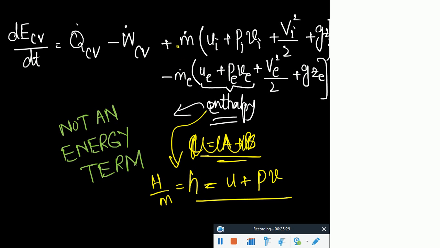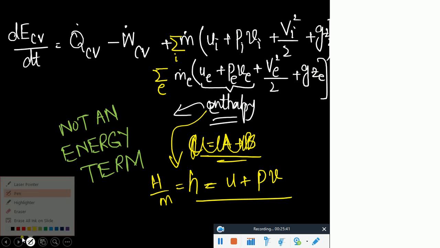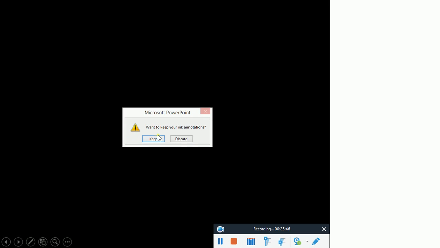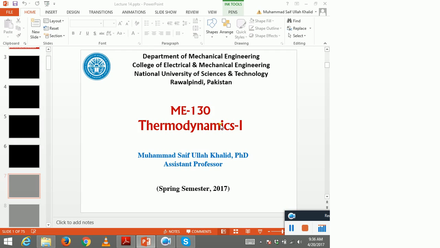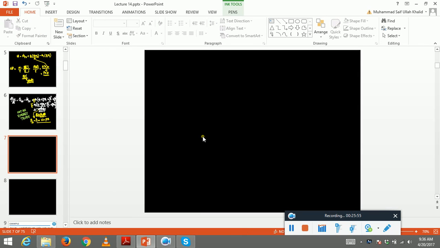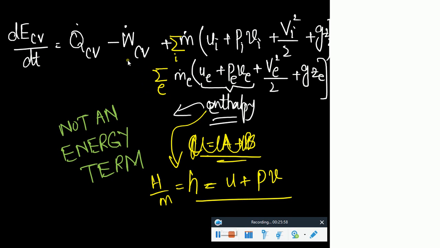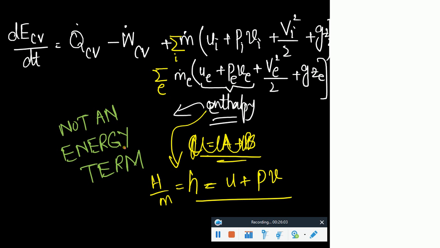You will simply add that sigma sign over there. Okay, so this is for more than one inlet and more than one outlet.